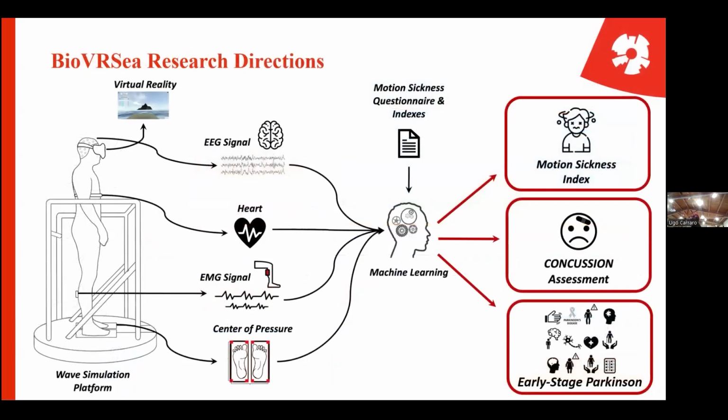So we have done this now for a few years, and we have correlated postural control and biosignal with motion sickness. We have correlated postural control and biosignal with concussion, mostly related to sport concussion. And we are studying also early stage Parkinson.